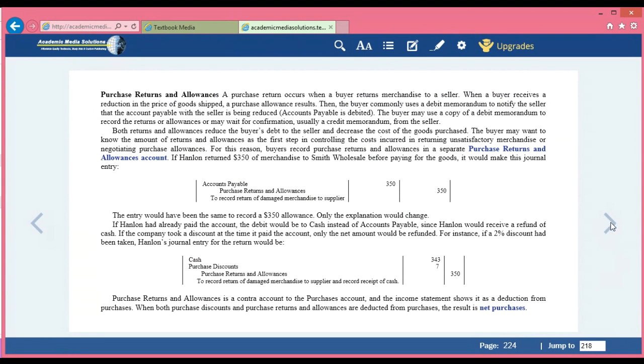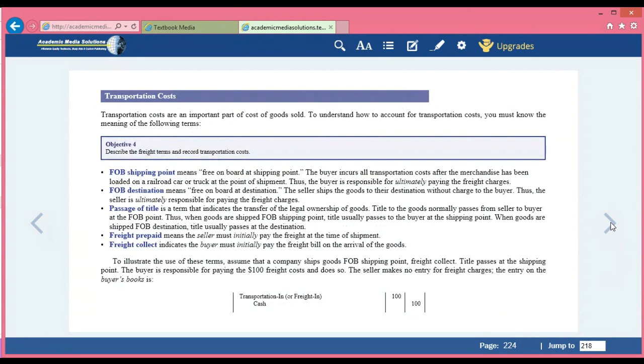Okay, let's move on. One of the things you have to be careful about in inventory is determining who owns goods when they're in transit. Do they belong to the seller or the buyer? That's going to be determined by this terminology here. FOB shipping point means free on board at shipping point.